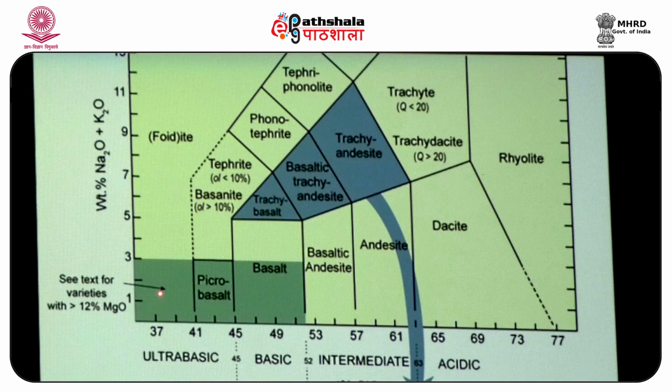So now you can see here that these are rocks which are known as picrobasalt, because of the very, very low percentage of silica and also very, very low sodium and potassium together, here less than 3%.